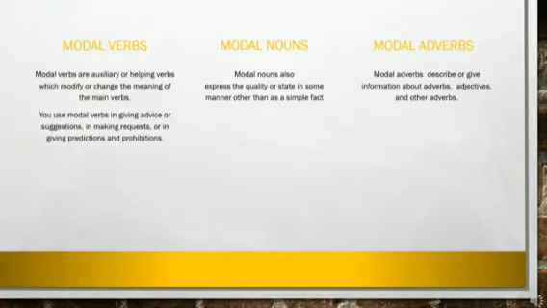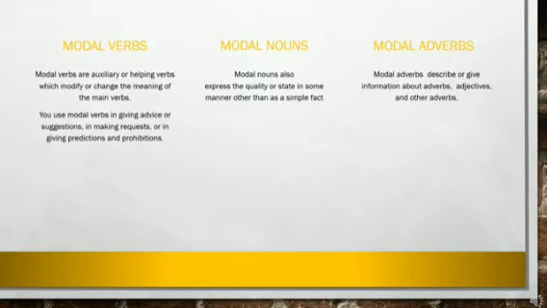To give you an overview of the 3 modals, modal verbs, modal nouns, and modal adverbs, I have placed their meanings and definitions side by side. First, modal verbs. These are auxiliary or helping verbs, which modify or change the meaning of the main verbs. So you use modal verbs in giving advice or suggestions, in making a request, or in giving predictions and prohibitions.